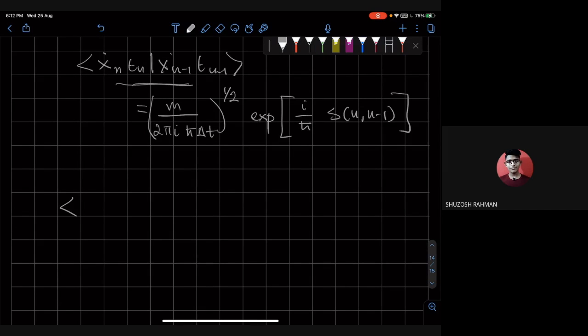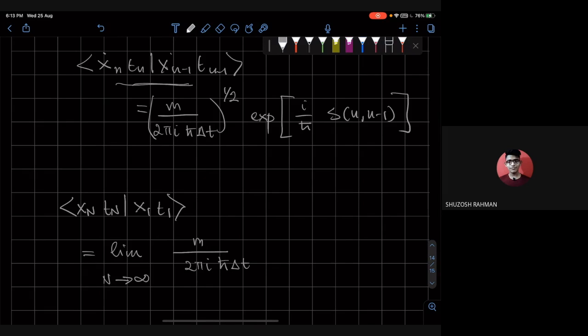So our total propagator from x1, t1 to xn, tn is going to be, we have to take the limit because otherwise our approximation will not be valid, N goes to infinity. The normalization is m divided by 2 pi i h bar delta t to the power big N minus 1 by 2.